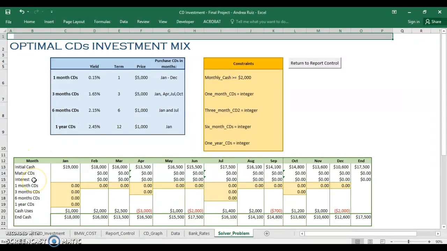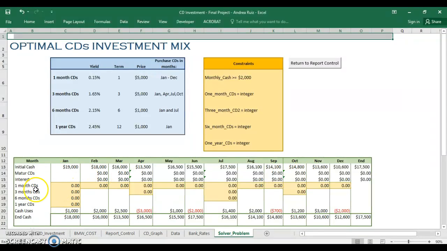In this chart, I have laid out all the structure of the problem. So I have here the months from January to December, and the variables for these problems will be the number of CDs that I'm going to buy in each month of the year, which are highlighted in yellow.